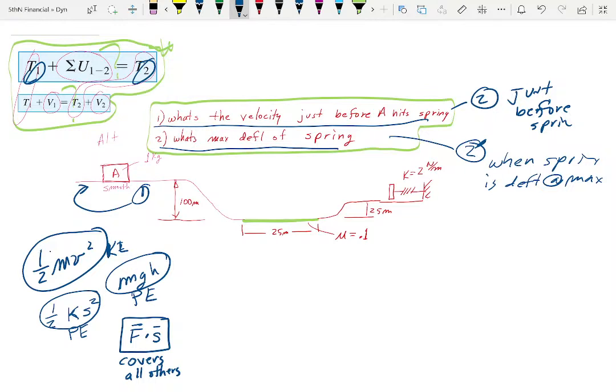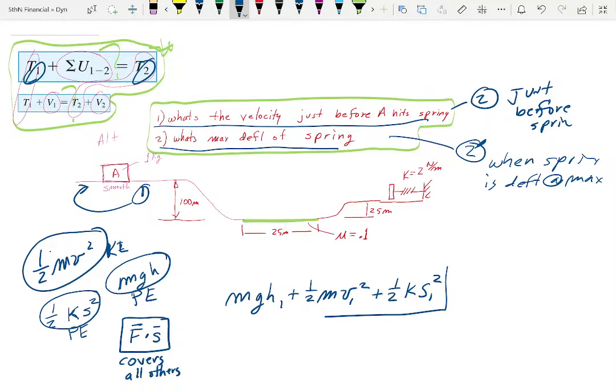So now, how do we do this? Let us list all the different energies that could exist in state 1: mgh1 plus 1/2 mv1 squared plus 1/2 ks1 squared.